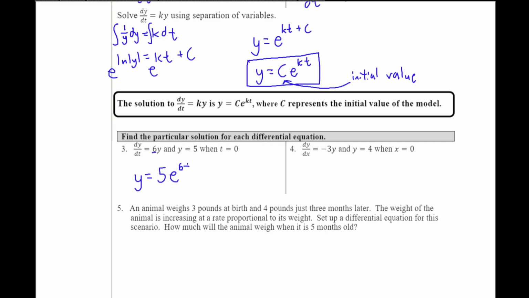So it's 5e to the 6t. See how quick that was? Question 4. Y is equal to, well, when x is 0, y is 4 here. So this is 4e to the negative 3x, because the variable here is x.